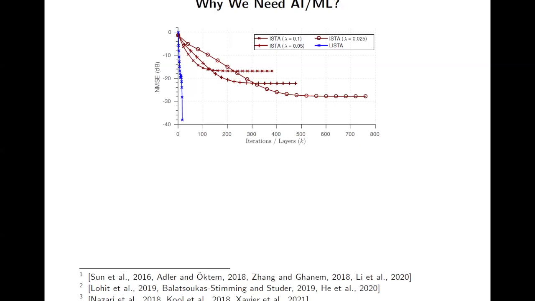The lower the better. The blue curve, named LISTA, is a learned algorithm, and the other ones are ISTA. They are manually designed algorithms with different parameters. And from this figure, we can clearly see the advantage of a learned algorithm. It performs pretty well on this problem.